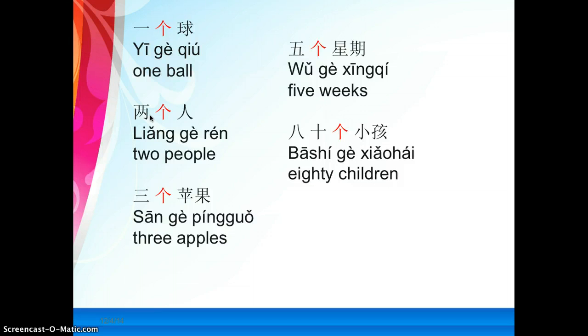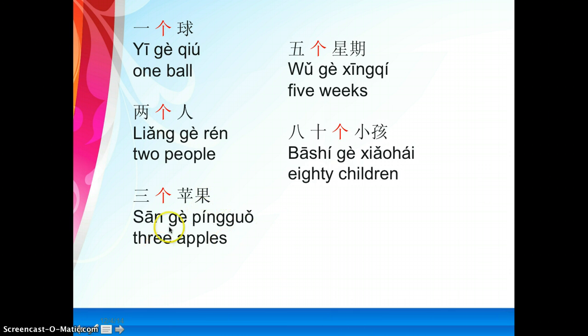Or two students, that will be 两个同学. So you always use 两 for two of something. Never use 二. But when you count like 1 2 3 4 5 6 7, you use 二, like 12, 20. So when you are counting, you use 二. That's just special for two of something.